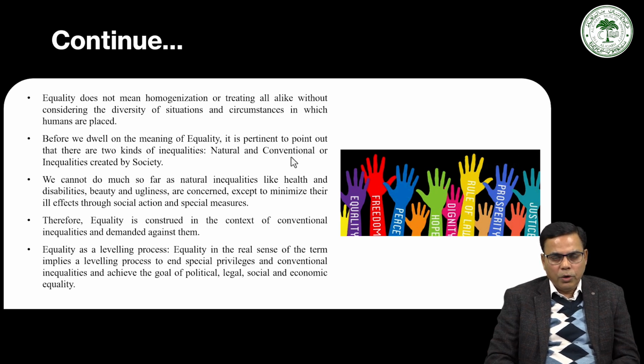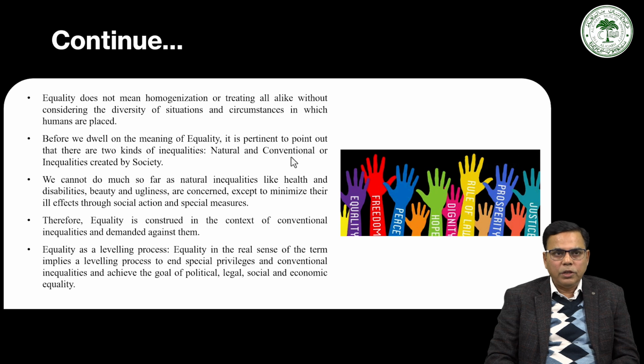For example, in our own country, we have the provision of reservation in the Constitution of India. We have 15% reservation for the scheduled castes, 7.5% reservation for the scheduled tribes, 27% reservation for the OBC, and now 10% reservation has been included for the EWS, the economically weaker section.